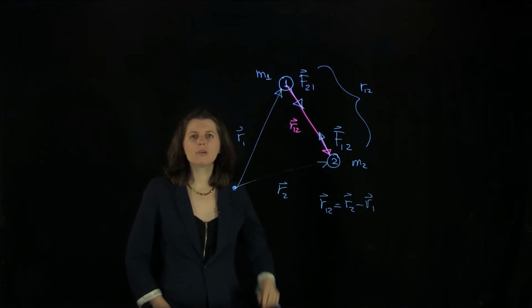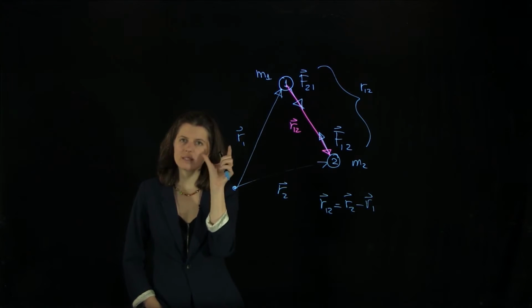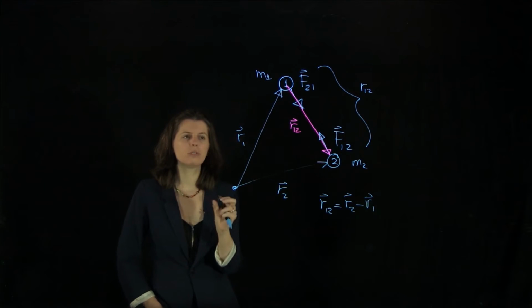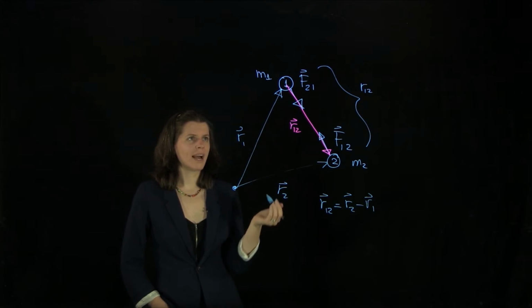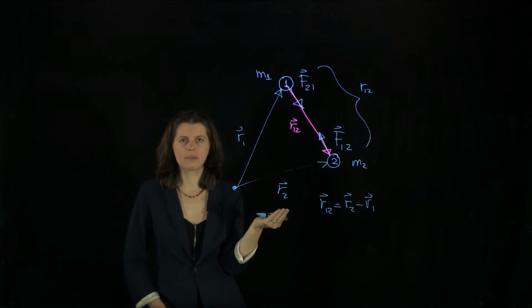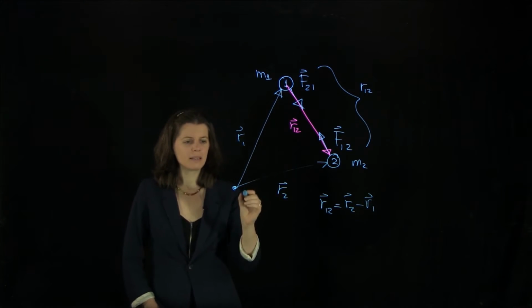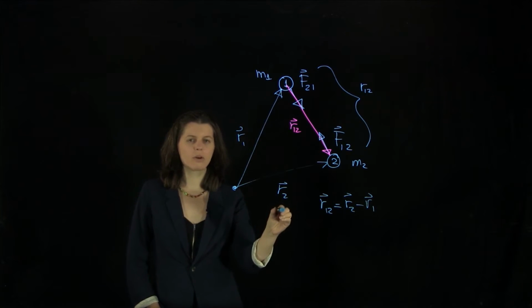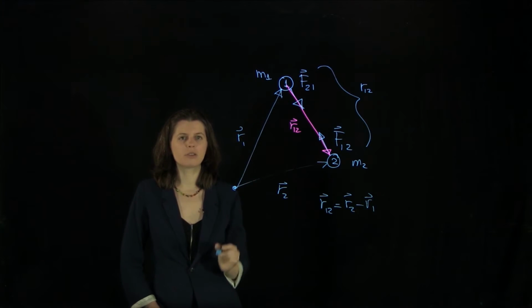Now, if we want to write down the universal law of gravitation, there's a magnitude component to it, and we also need a direction. And we haven't yet chosen a coordinate system. We could, of course, choose our usual way of placing the i-hat direction in the x direction, and the j-hat in the y direction.